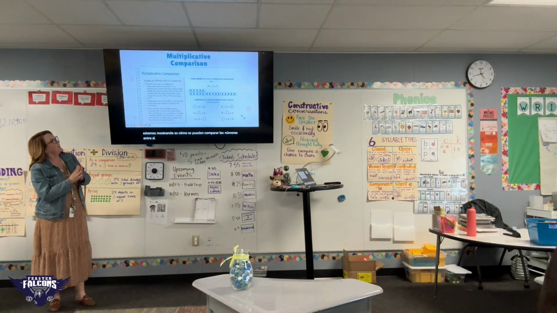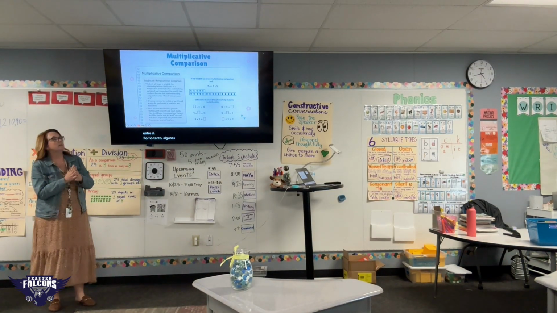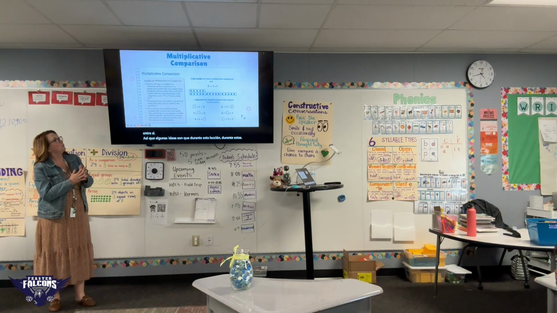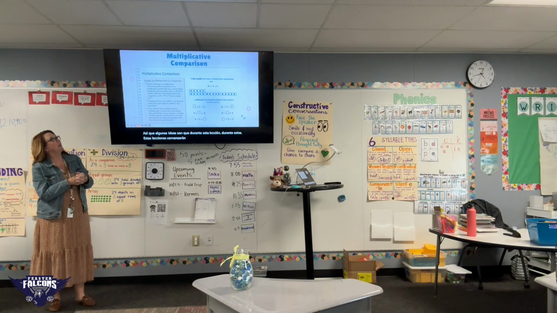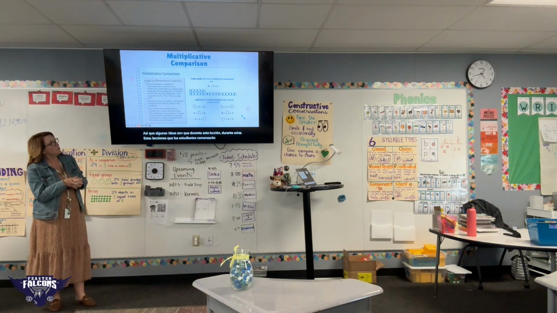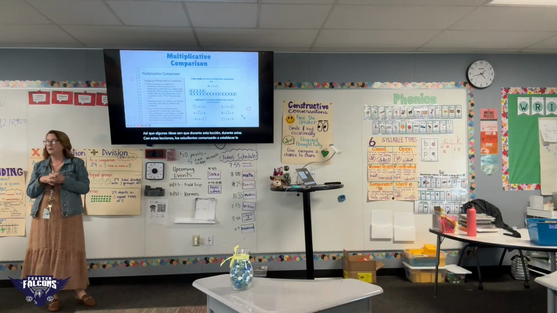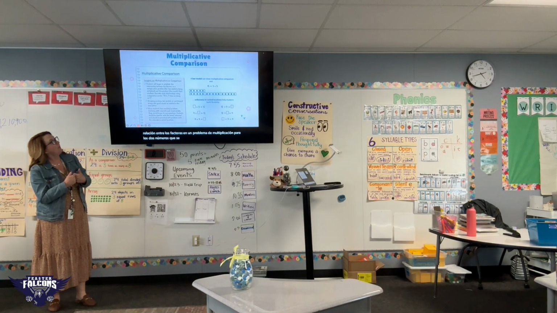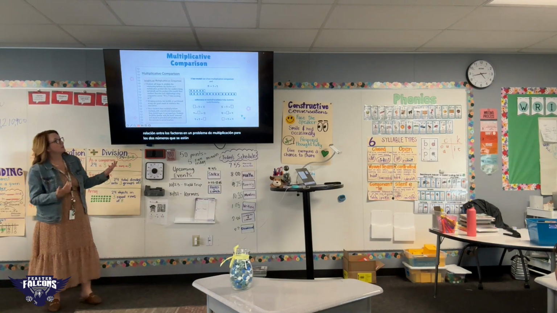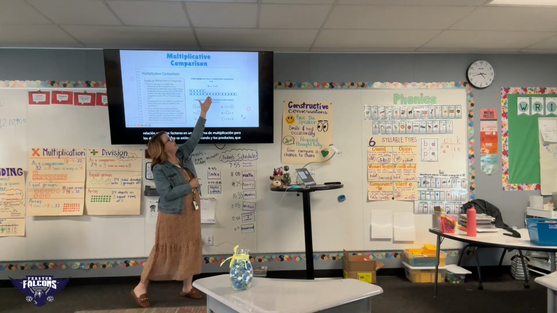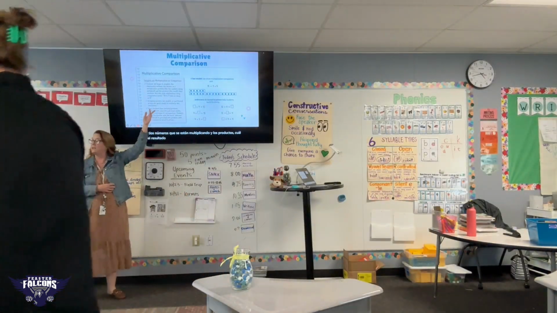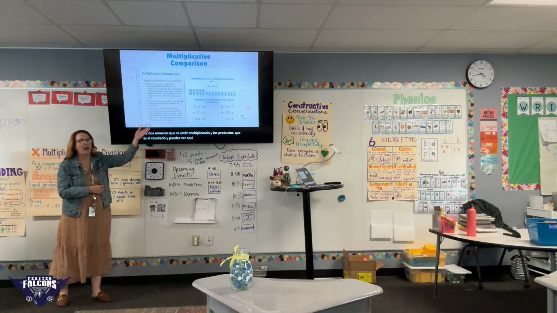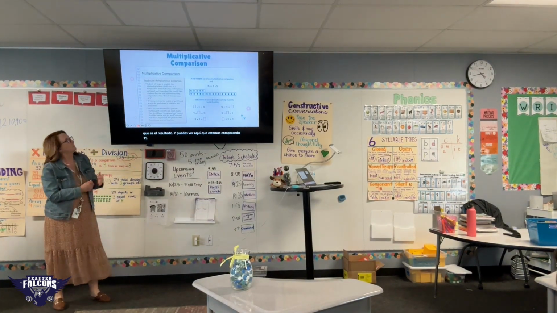So some insights are that during these lessons, students will begin to establish the relationship between the factors in a multiplication problem, so the two numbers that are being multiplied, and the product, which is the result. And you can see here, we are comparing 15 and 3 times 5.